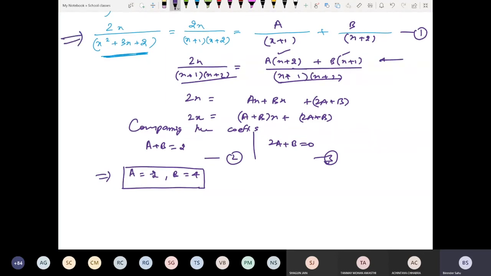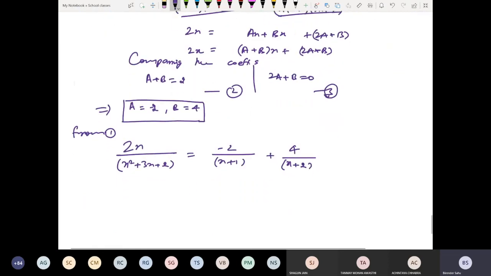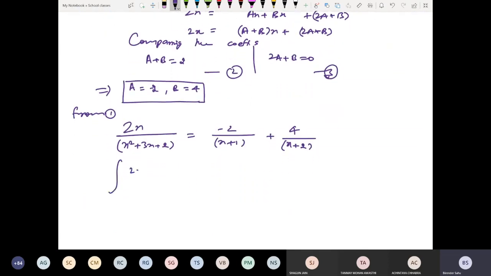So 2x over x square plus 3x plus 2 is equal to a over x plus 1, where a is nothing but -2, so -2 over x plus 1, plus b over x plus 2, where value of b is nothing but 4. So instead of writing b, we will write 4. Just from equation 1 we get this. Now just integrate both sides.